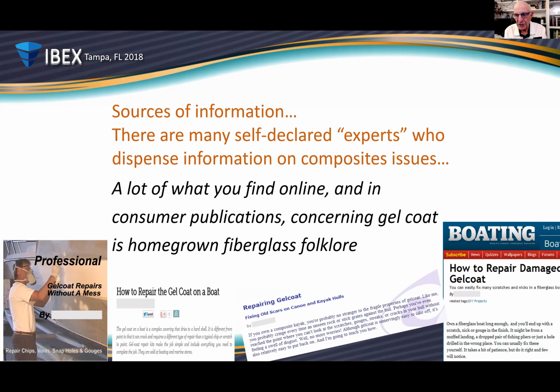Each of the publications that you see listed on the screen has published articles or in forums, that sort of thing, and all of them have glaring misrepresentations of what it takes to appropriately fix gel coat, because they know how. A lot of these articles describe how, but they don't understand the why, or they ignore the why part, and they jump to conclusions that are incorrect.